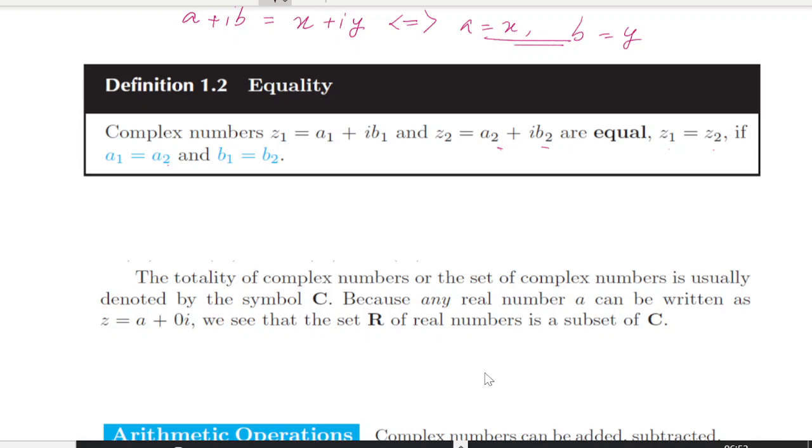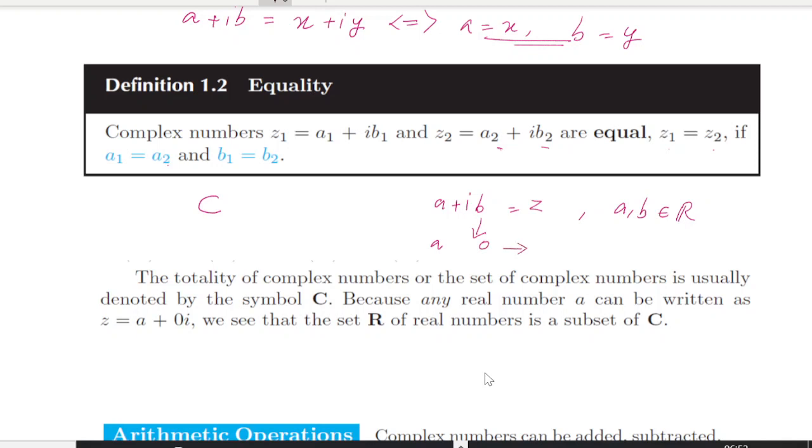Now we will use the notation C for representing the complex numbers. As we have said, whenever you have a plus ib as a complex number and your b value is 0, what you get is a alone, where a is a real number.